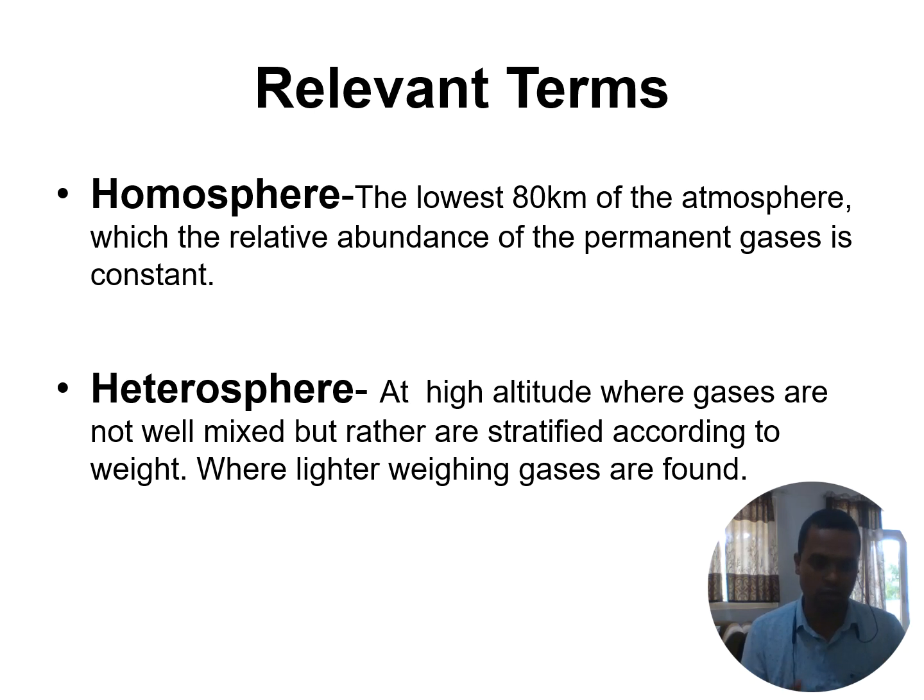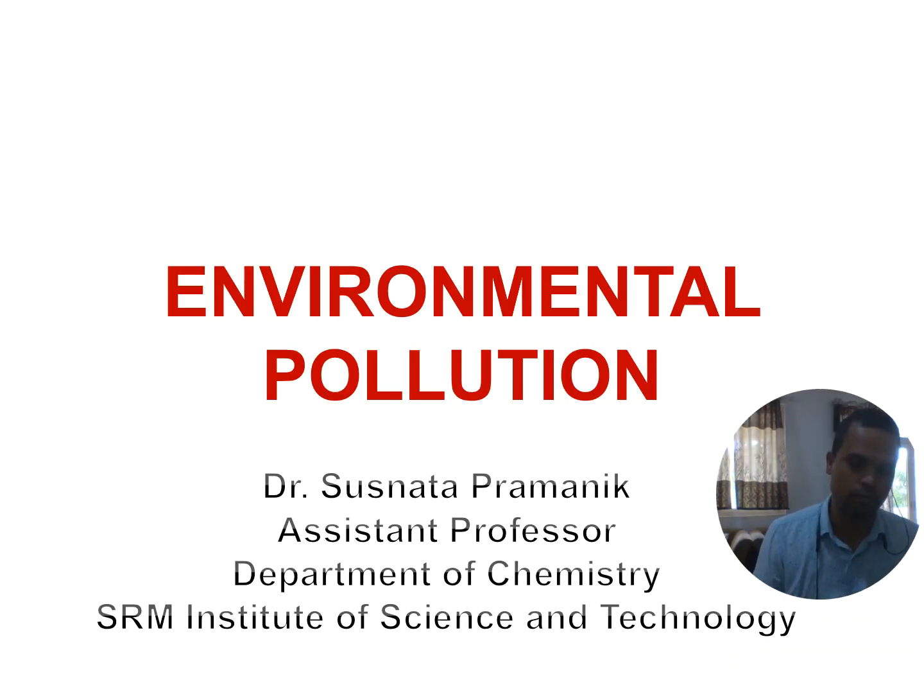In the heterosphere they don't mix together, they are present layer by layer, like a layered cake: some bread, then some cream, then bread, then cream. All the different gases are present in different layers. This is called the heterosphere.